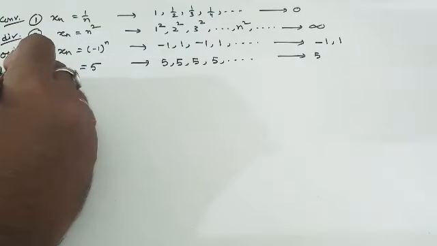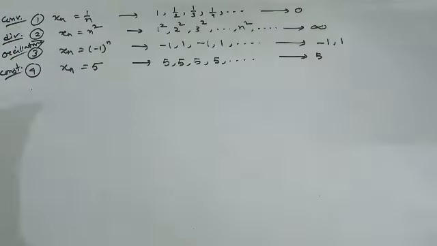Fourth one is a constant sequence. In fact, this fourth one, the constant sequence, is a special case of a convergent sequence as well. So all this is just the introductory part, and I expect that you will study a few more examples and make yourself comfortable with this topic.